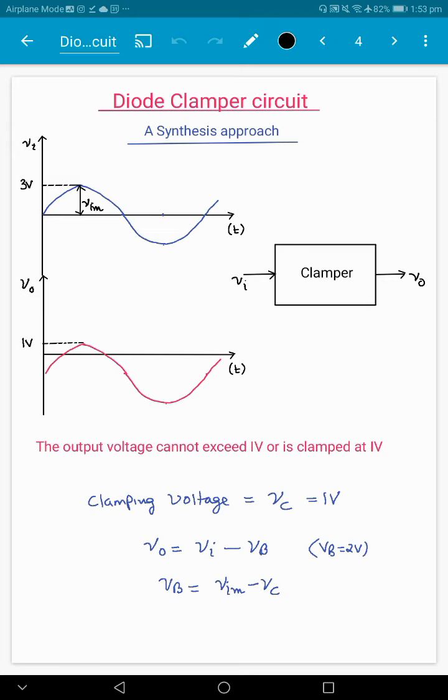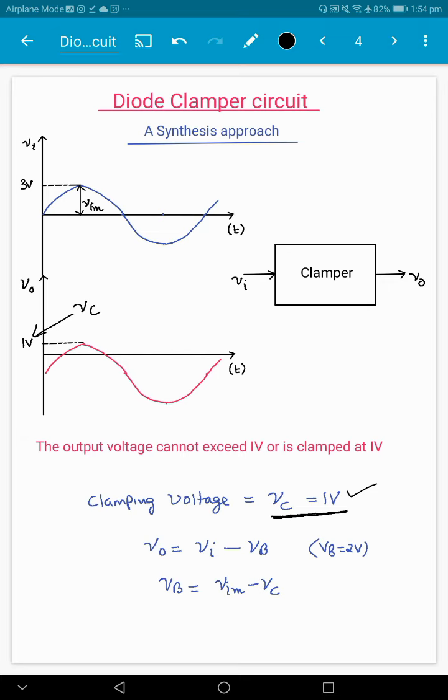Our goal is to clamp the voltage at, let's say, Vc, the clamping voltage. We want to clamp the output voltage to Vc, and just for the sake of discussion, we'll take 1 volt. So effectively the maximum of the output voltage is going to be Vc.